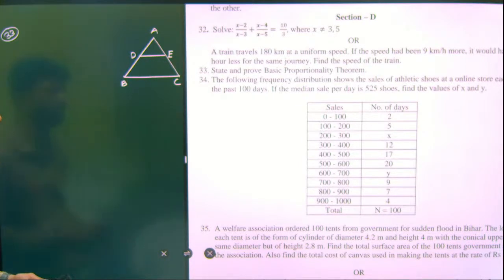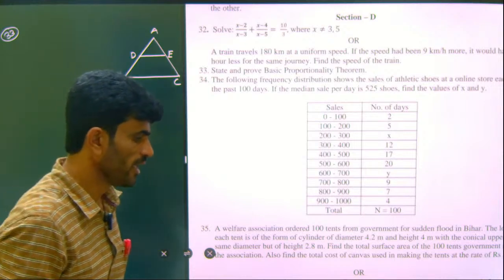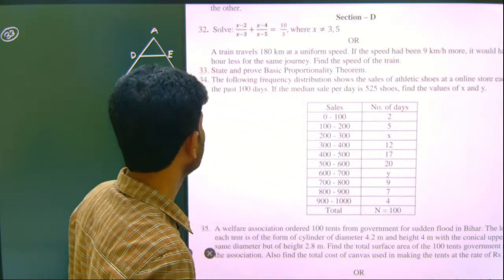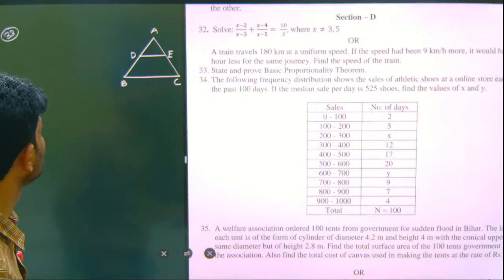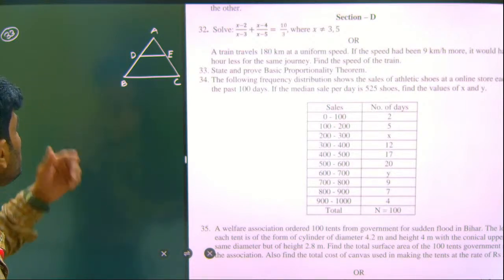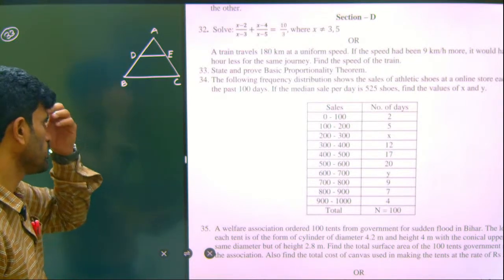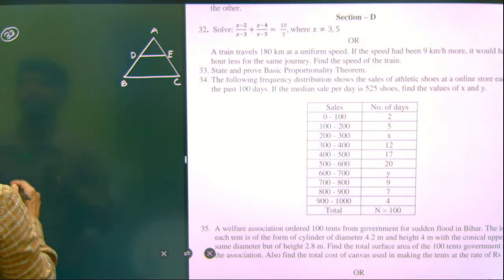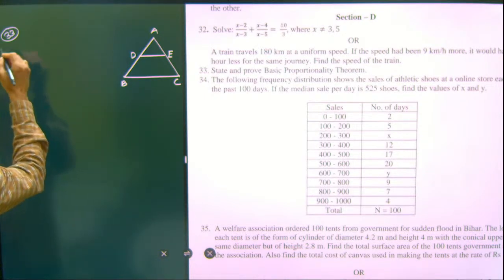What is the statement? In a triangle, a line drawn parallel to one side divides the other two sides in the same ratio. You have to write that. Then you have to prove this.